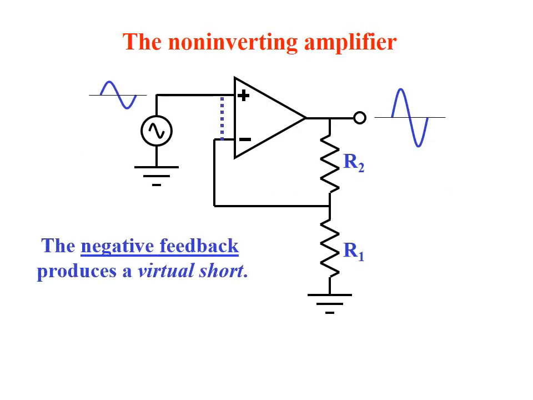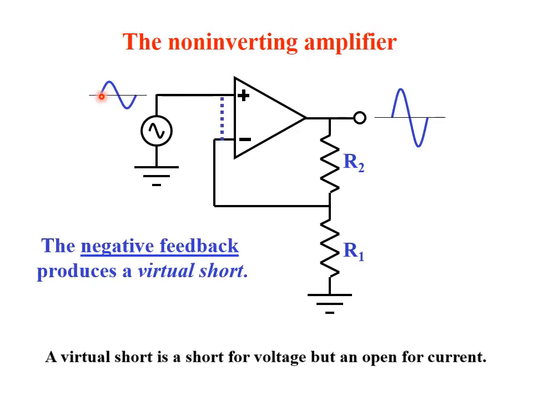While in the non-inverting amplifier, the signal will maintain its polarity on the output. So when it's positive, it's positive on the output, and when it's negative, it's negative on the output, of course after amplification. The negative feedback, as you can see, we also have a negative feedback.